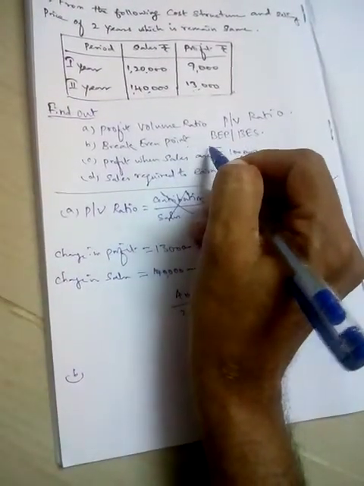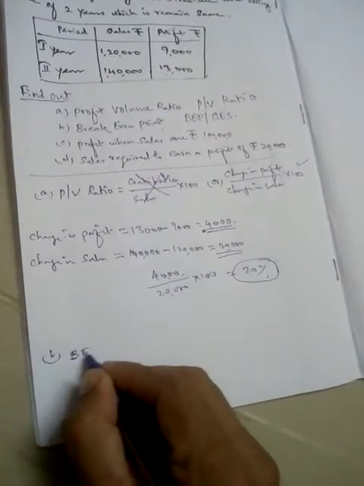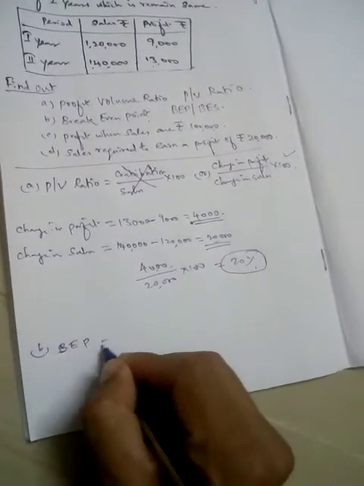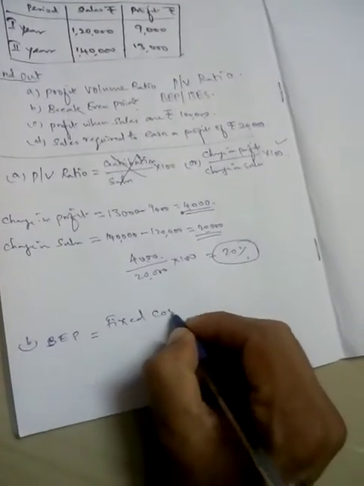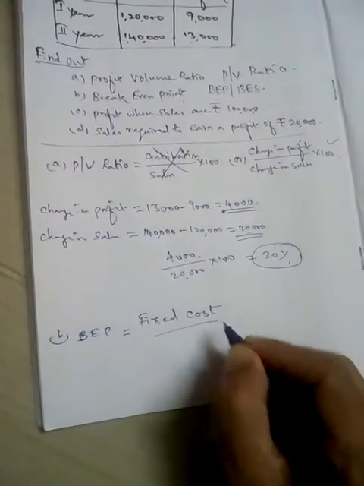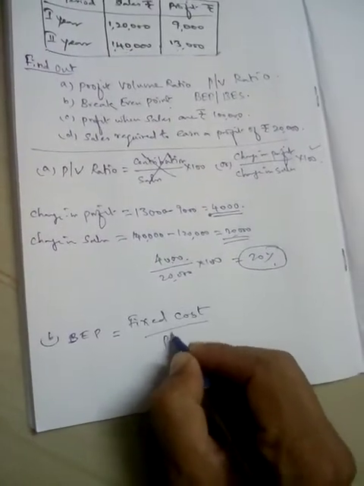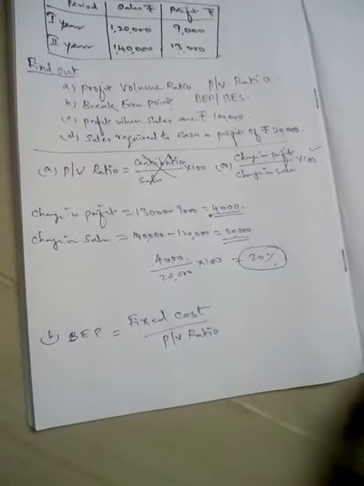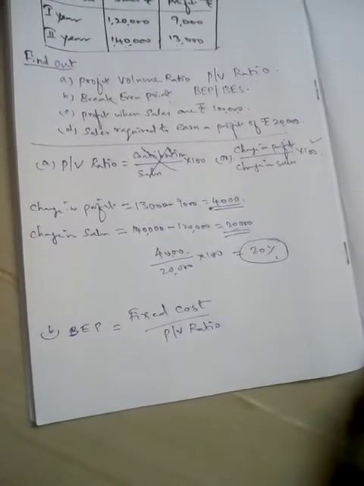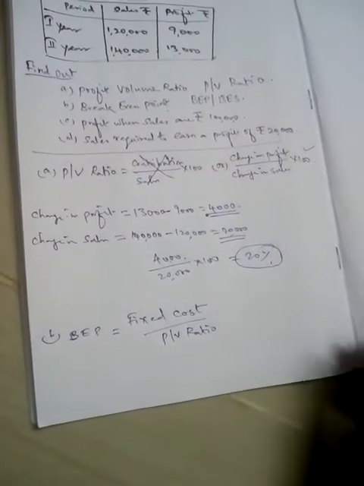They ask for the break even point, that is BEP or BES. The break even point formula is fixed cost divided by PV ratio.